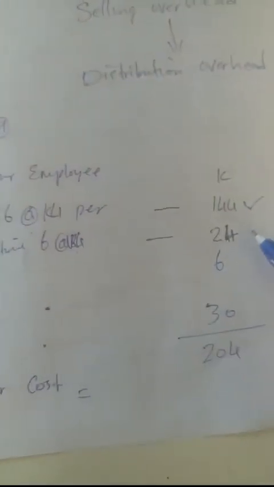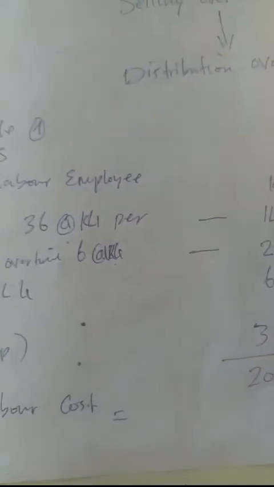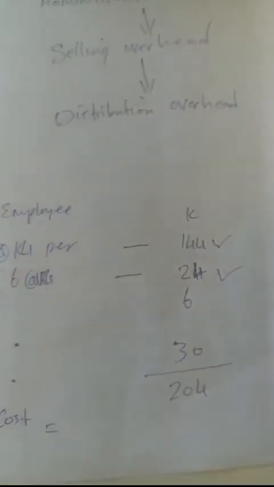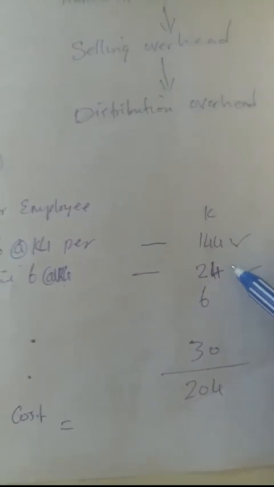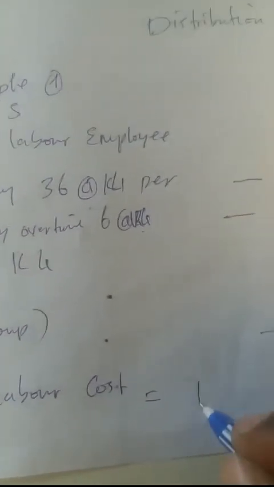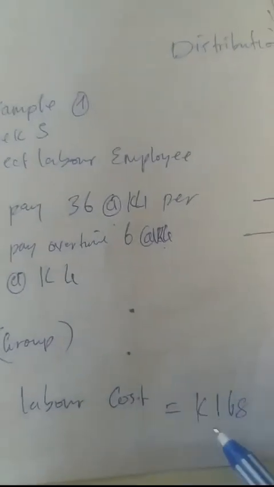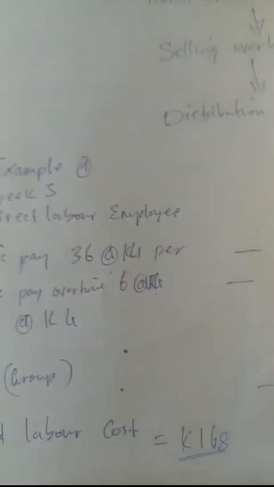This one also is part of the direct cost. So you are going to add these two: 144 plus 24, which will give us 168. 168 kwacha was the direct cost.